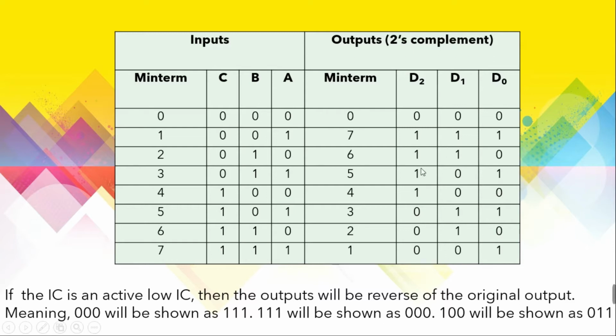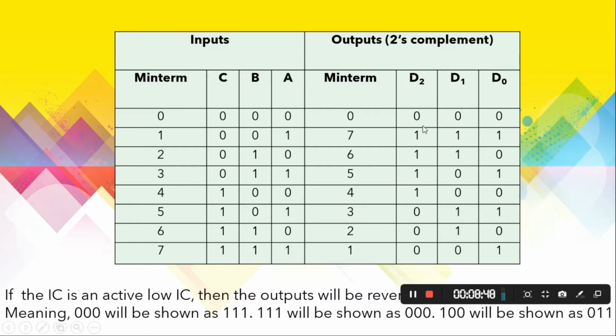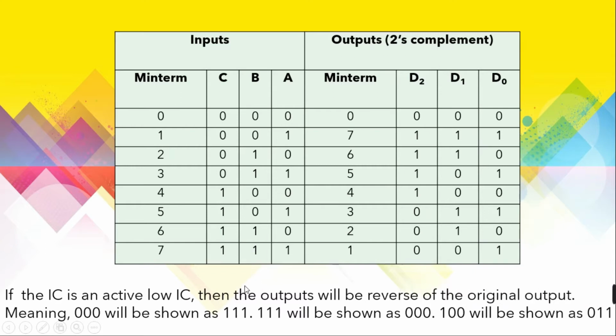So if we are getting 0 1 0, then the output will look something like 1 0 1. I guess you now have the idea of what an active low IC does. You should be able to get more ideas about active low ICs if you search over the internet, so I'm not going into further details of that IC.